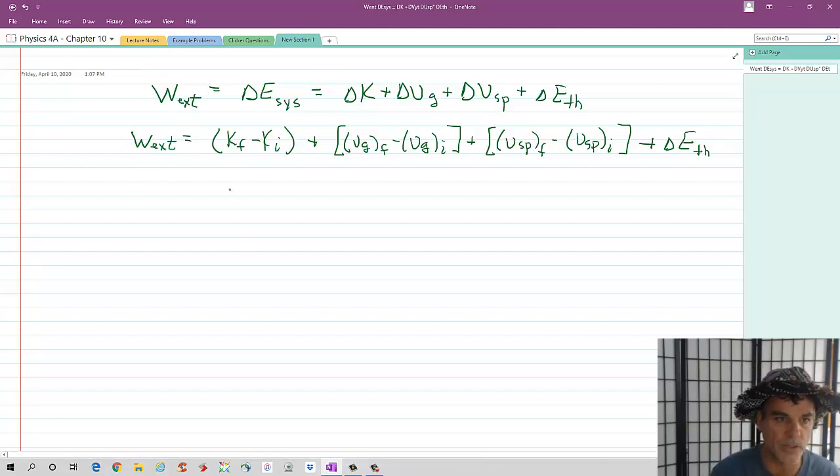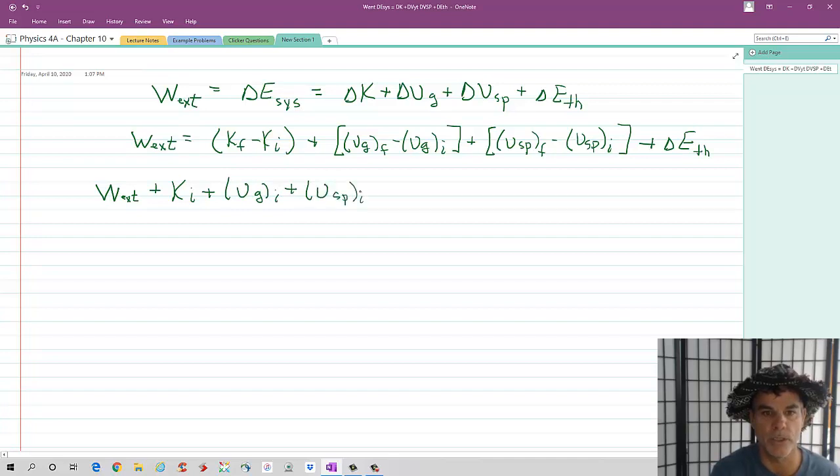Moving all my initial values over, I have the work done by external forces plus the initial kinetic energy plus the initial gravitational potential energy plus the initial spring potential energy equals my final kinetic energy plus my final gravitational potential energy plus my final elastic potential energy plus my change in thermal energy.